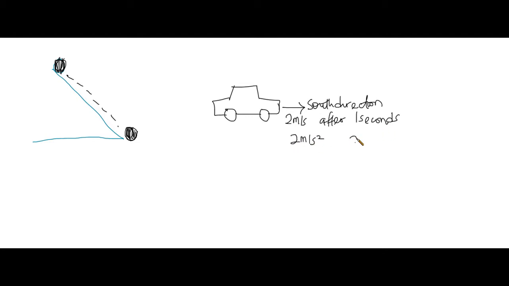Because when we have 2 meters per second, and per means divide by another second, if you change this division to multiplication, this will be 2 meters times 1 over seconds. So we're going to have 2 meters over second squared, and we write this in this form: 2 meters per second squared.